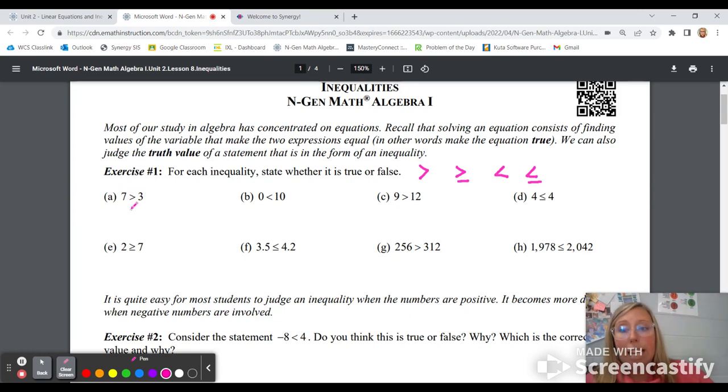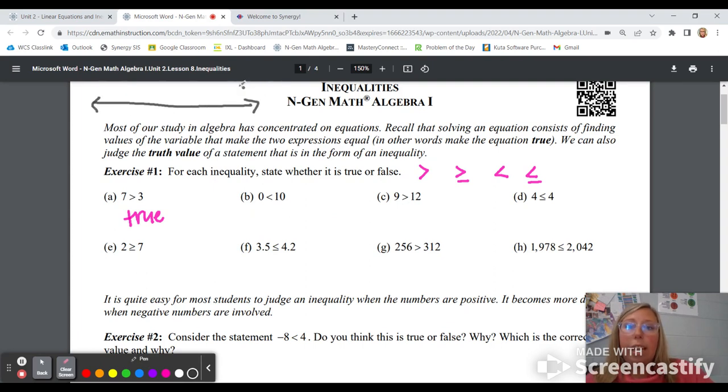All right, so diving right on in, you're just comparing the numbers and then looking at the symbol. So A says 7 is greater than 3. Of course, we know that 7 is a larger number than 3, so that is true. When you're comparing two numbers and you're trying to determine whether the statement is true or false, you can consider a number line. Just sketch one real quick.